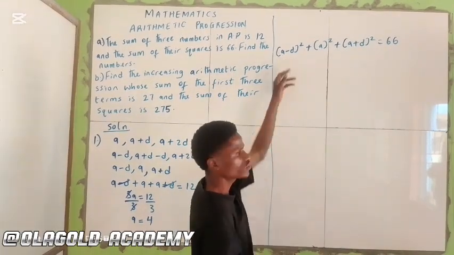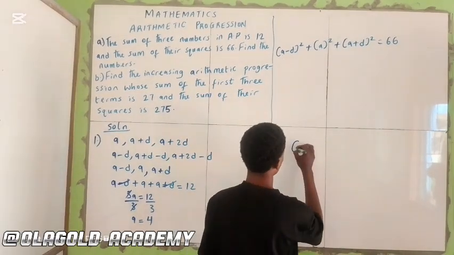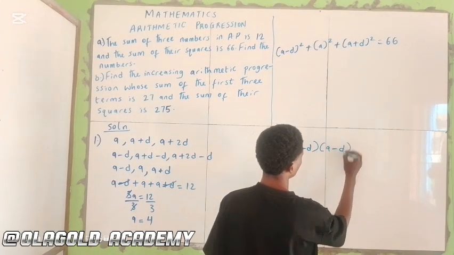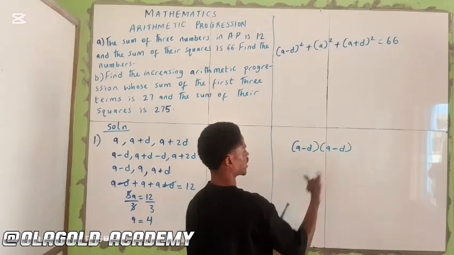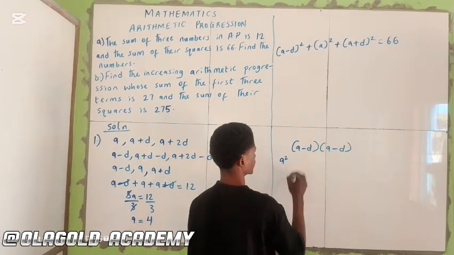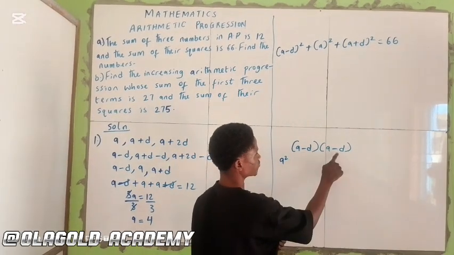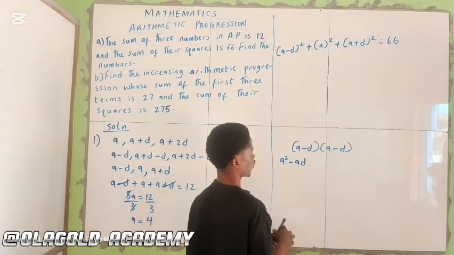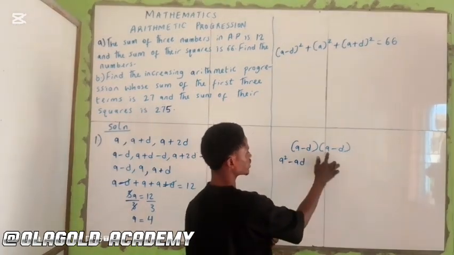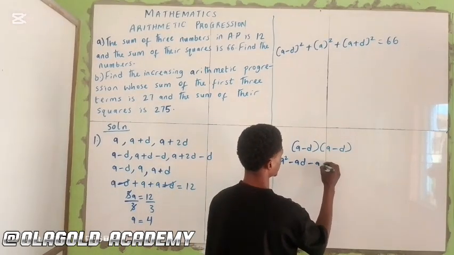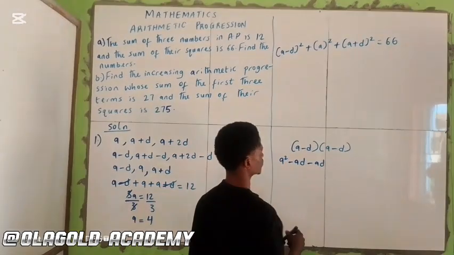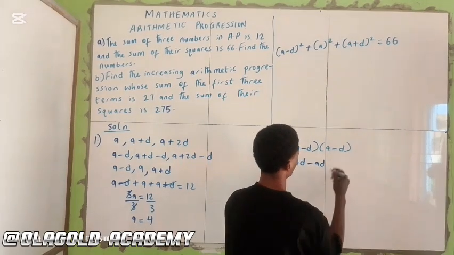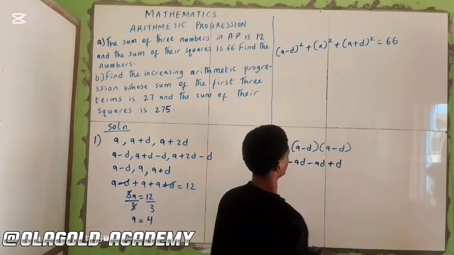Alright, let's go about expanding this. If we expand this, we are going to have A minus D times A minus D. A times A gives us A squared. A times minus D gives us minus AD. Minus D times A gives us minus AD. Minus D times minus D gives us plus D squared.